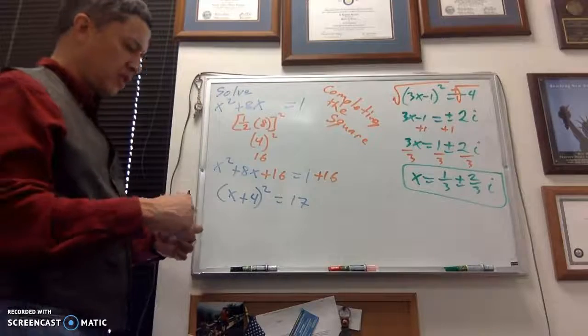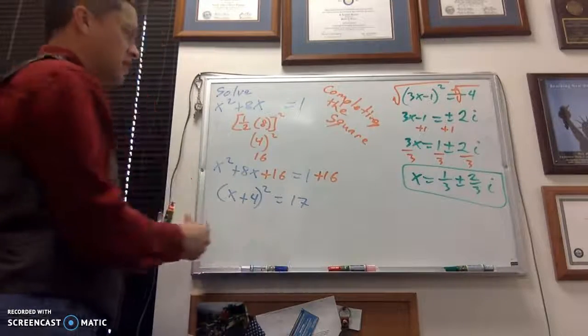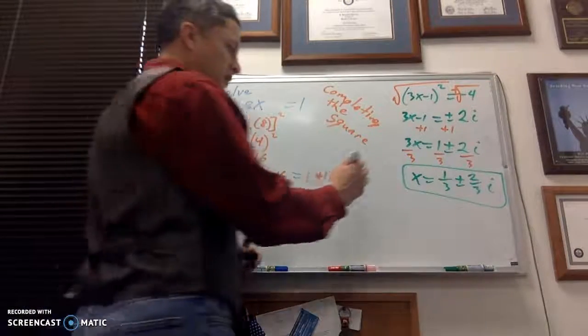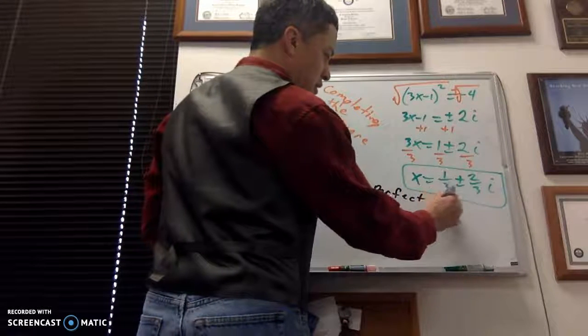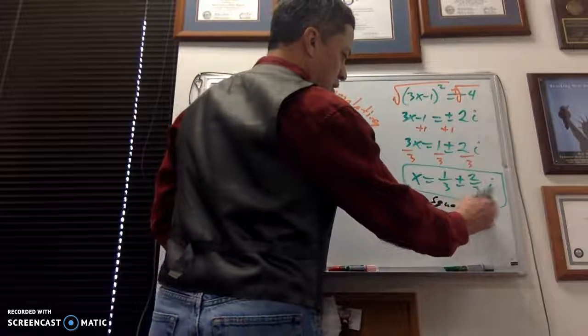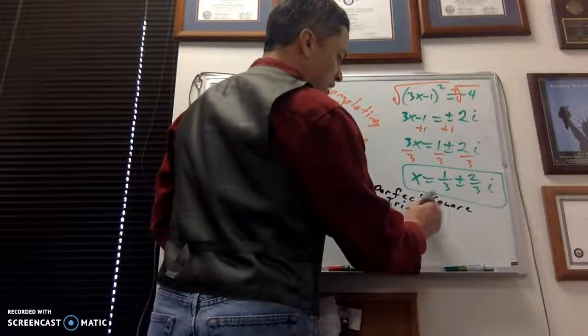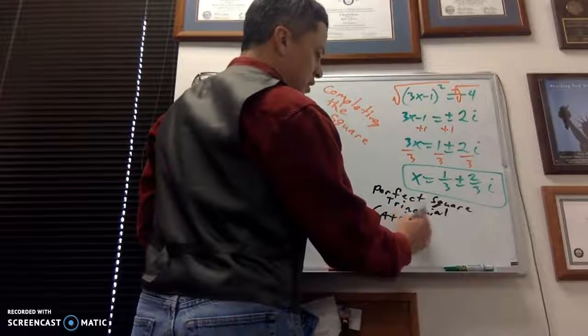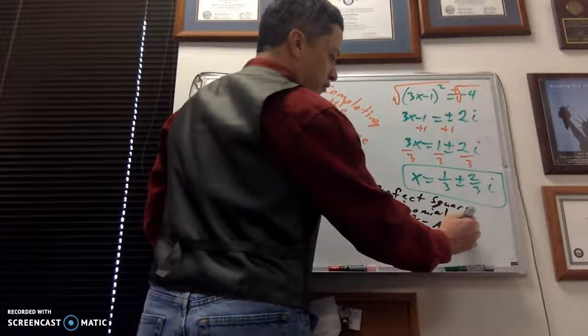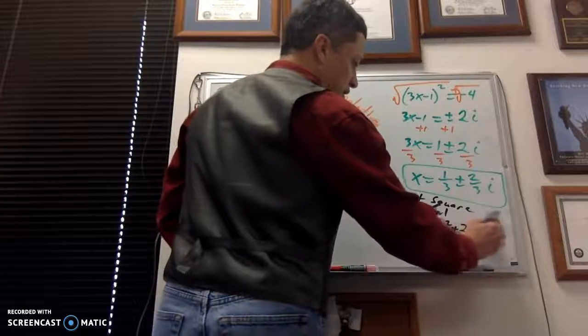Before I finish solving this, let me show you how this works, okay? If you had a perfect square trinomial, what that is, it's going to be a plus b quantity squared, and the formula looks like this, right?